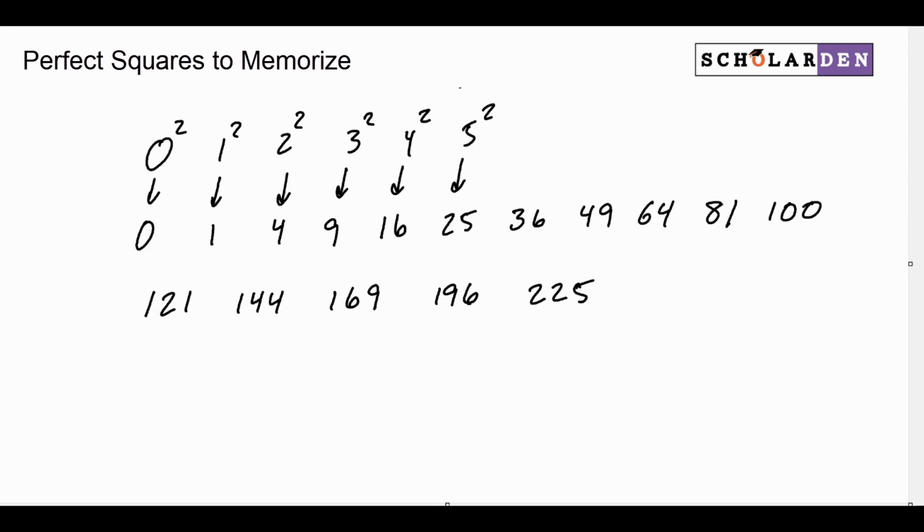We can also talk about perfect cubes, and that's just going to replace the exponents with threes. That's called cubing a number when you raise it to the third power. So a perfect cube just comes from taking any integer like 4 and cubing it, or raising it to the third power. 4 to the third is 64, 4 times 4 times 4.